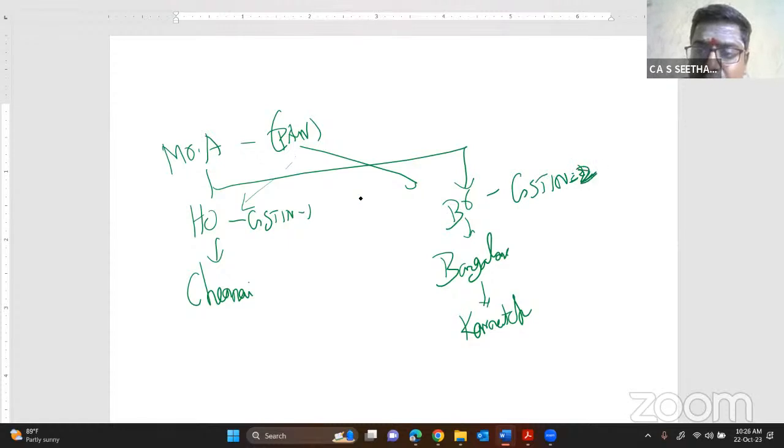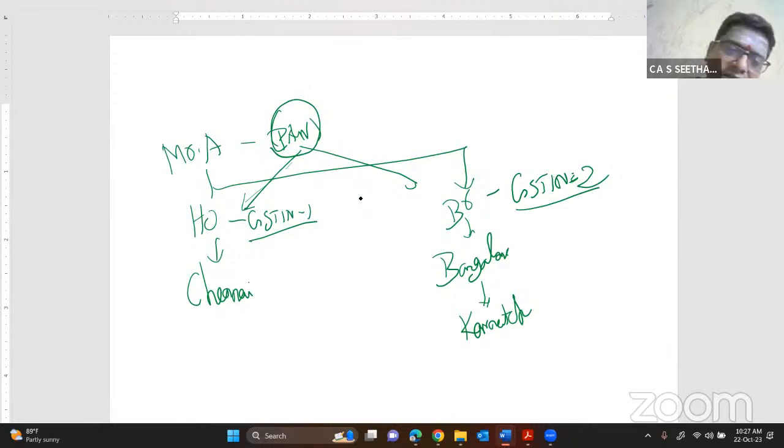My dear, tell me what will be common between GSTIN 1 and GSTIN 2? The common aspect will be the PAN, right?